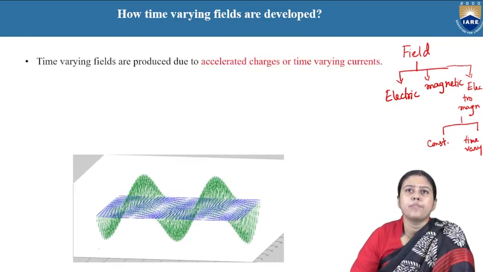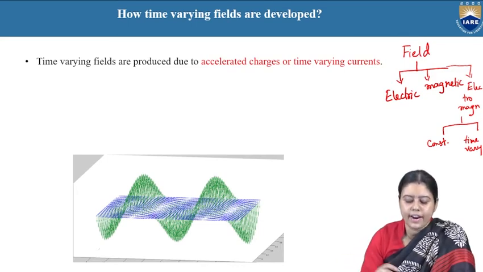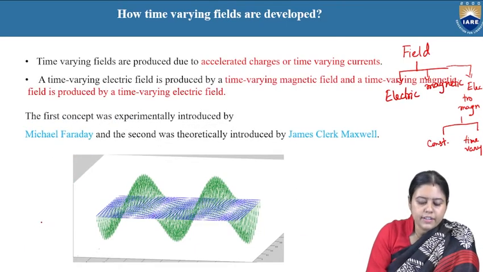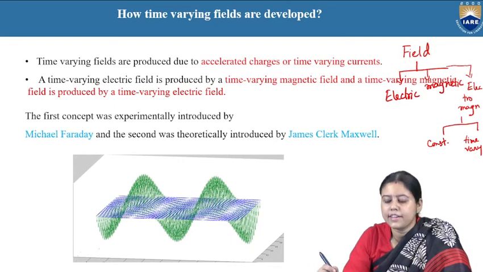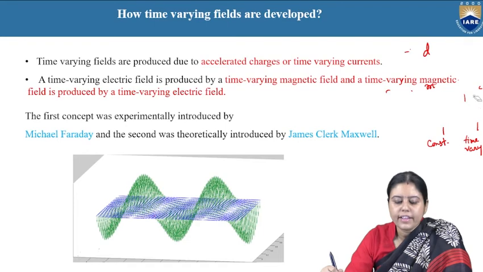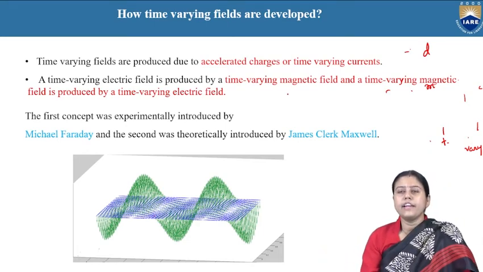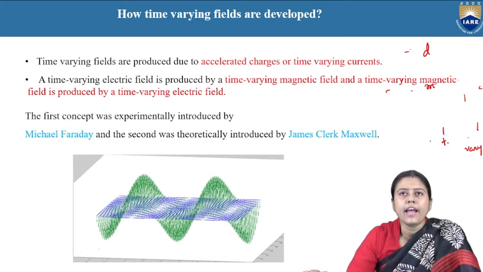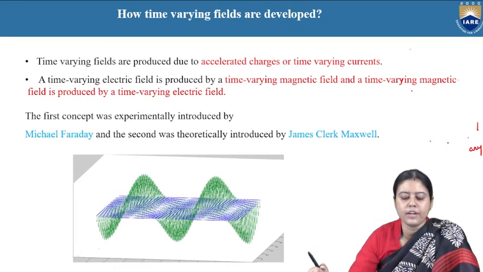Time varying fields are produced due to the accelerated changes of time varying currents. A time varying field is produced by a time varying magnetic field, and a time varying magnetic field is produced by a time varying electric field. Already we have discussed these two important points.